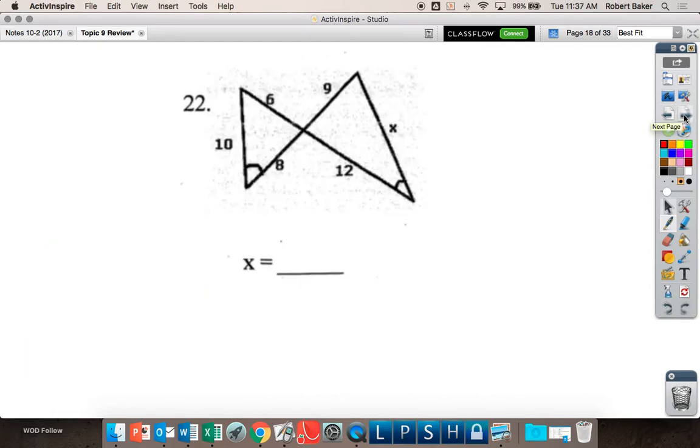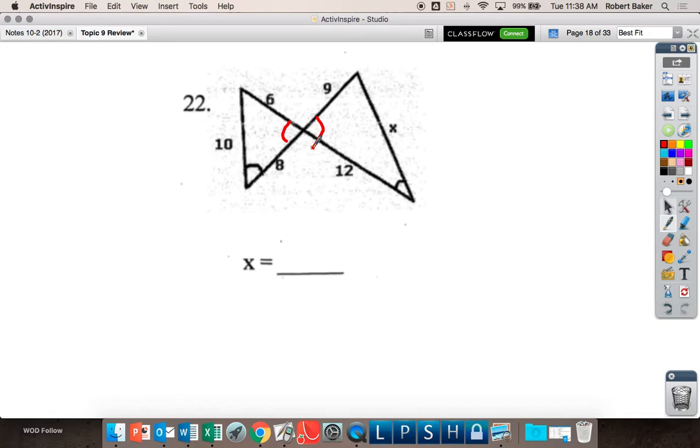So in this scenario, we have multiple triangles where our side lengths are assumed to be proportional if the triangles are similar. They are. How do you know that? AA theorem, because you get vertical angles. Please don't fall for the trap. I always set up the wrong number with the wrong number.